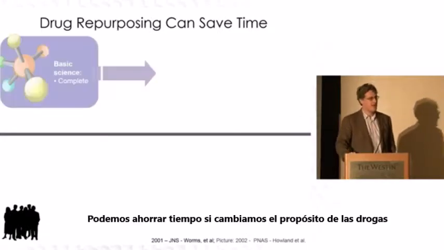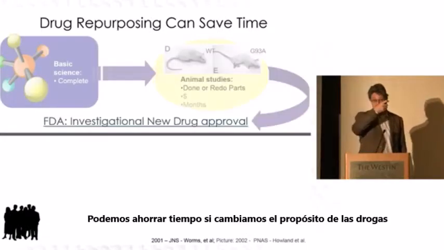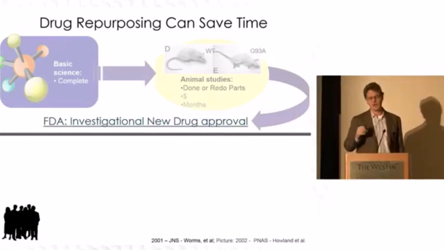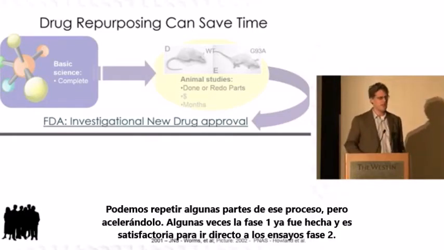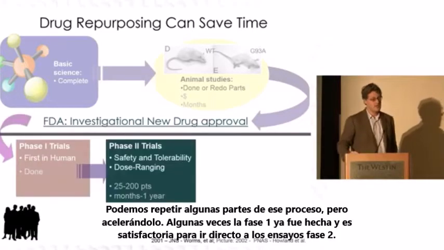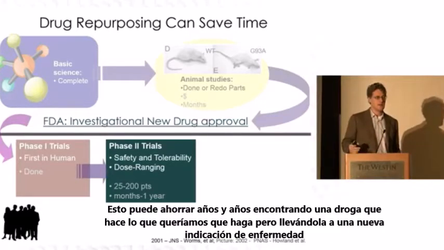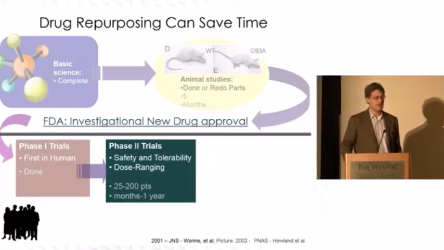Now, we can save time if we can repurpose drugs. That is, there may be drugs that are already on the market that have gone through the basic science and all the toxicology studies. We might want to repeat pieces of that, but we can very quickly move through that. Sometimes phase 1 trials have been done, and it's satisfactory to move straight to phase 2 trials. So we've saved years and years of time by finding a drug that does what we want it to do, but we're moving it to a new disease indication.